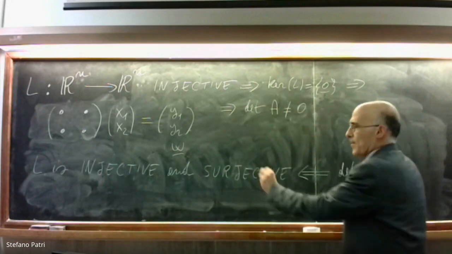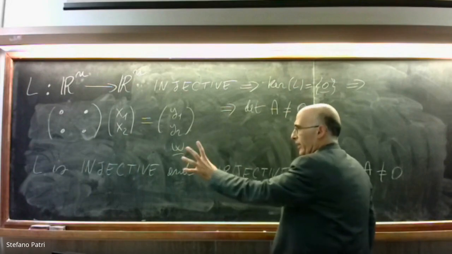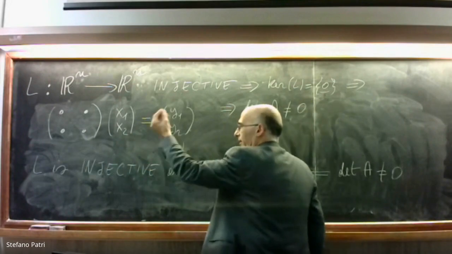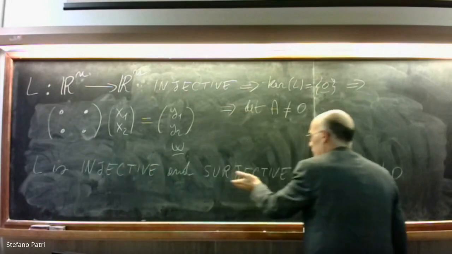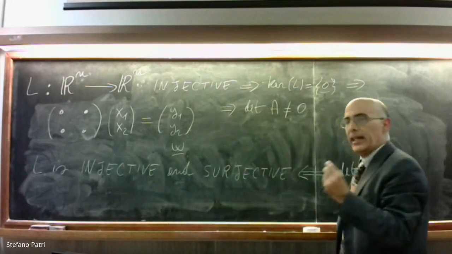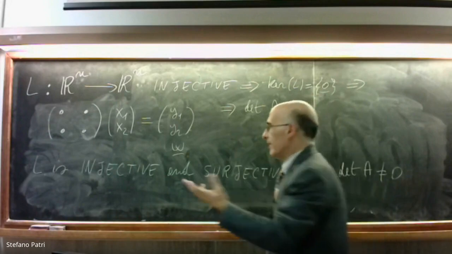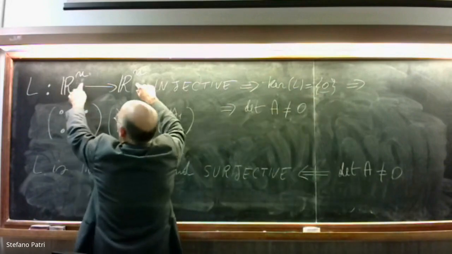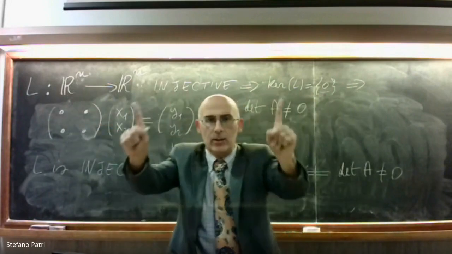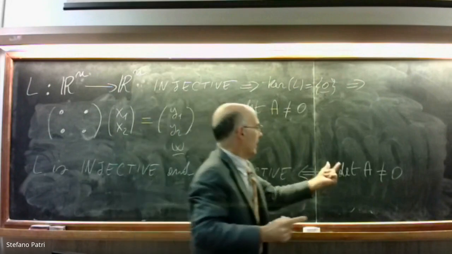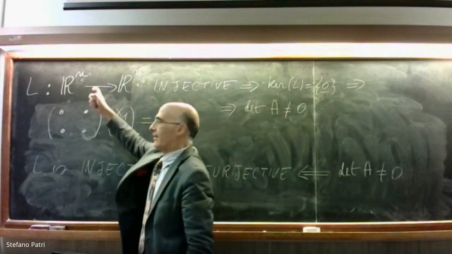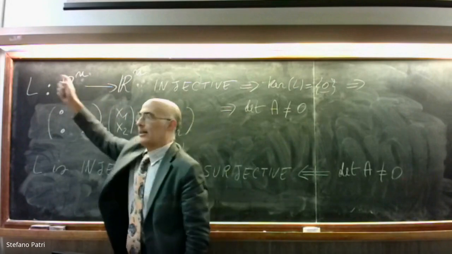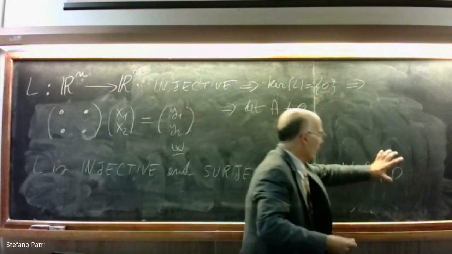And then the conclusion is that L being simultaneously injective and surjective is equivalent to saying that the dimensions of the two spaces are equal and that the determinant of the square matrix representing the linear application is non-vanishing.